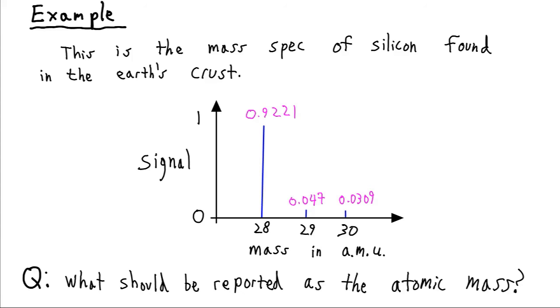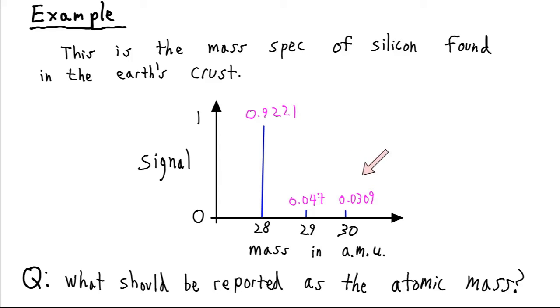So our question is, what should we report as the atomic mass for silicon found in Earth's crust? Before we start, it's always good to do some sanity checks on your numbers and have an idea of what answer you want to get. Since this is an average, we definitely expect the number to lie between 28 and 30.